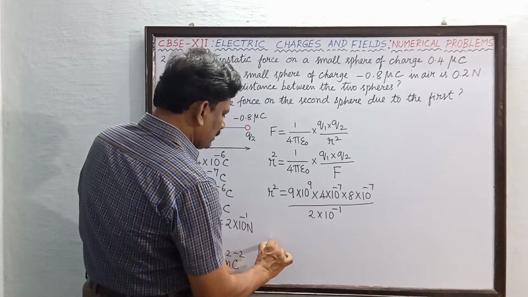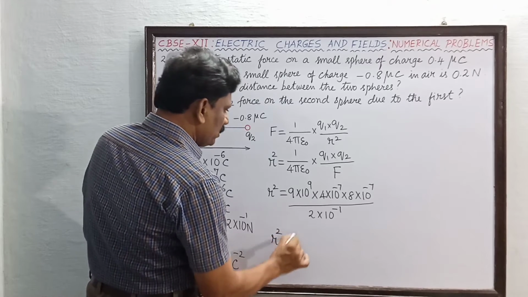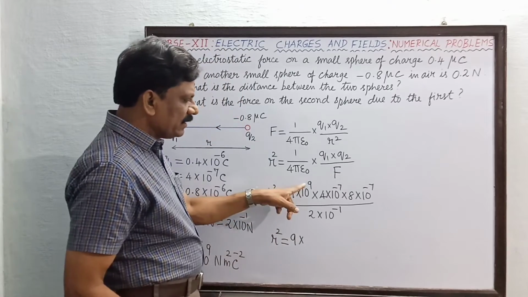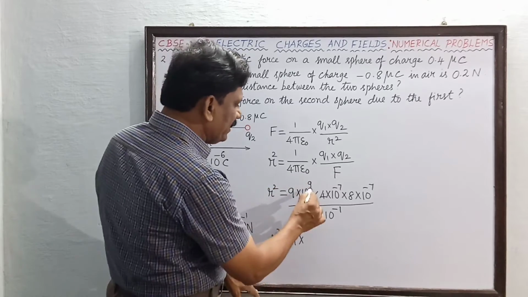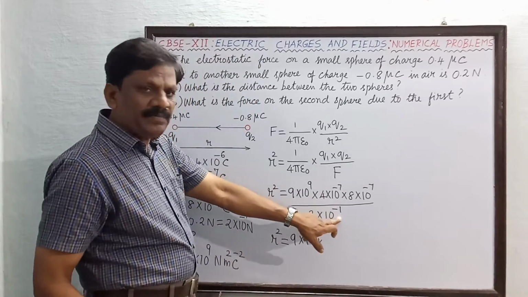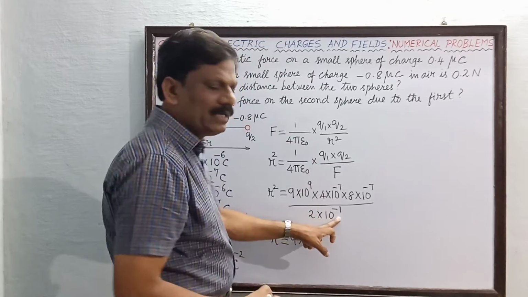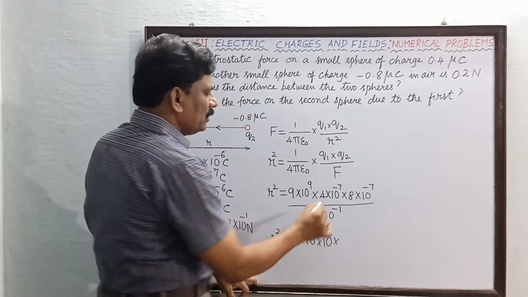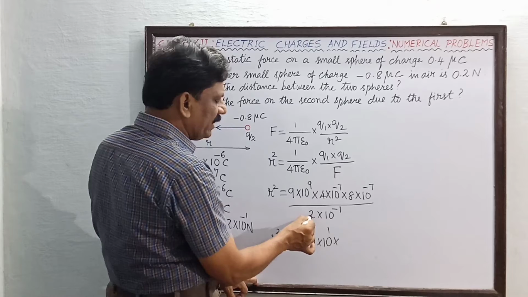Now R square will be equal to this 9, and this 10 power 9 is already there, is it not? 10 power 9 into this 10 power minus 1 I will shift up. It will become 10 power 1 into 4 into 8, and here 2 is there.